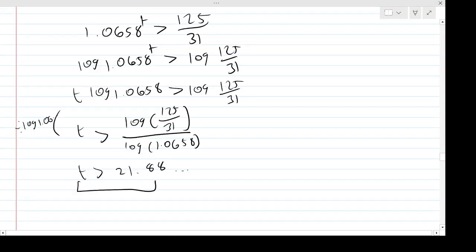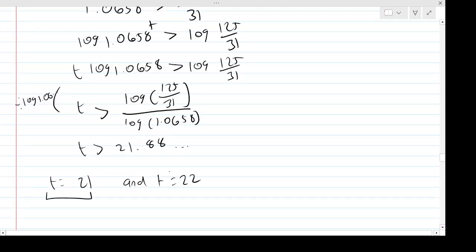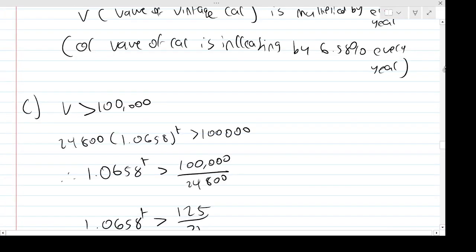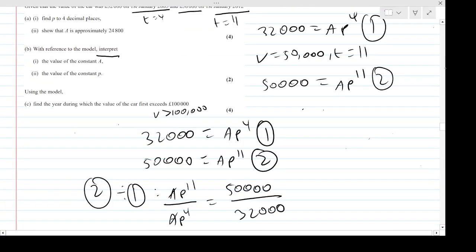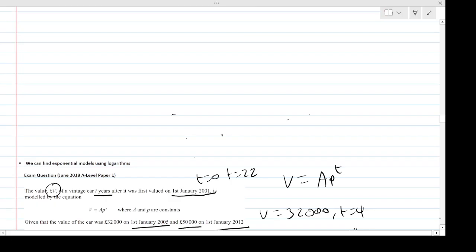Specifically, the value of t has to be above 21.88, so it could be 21.89 or something like that. So t is between 21 and 22. Now as a year, remember the model actually starts at 2001, so t is 0 there.